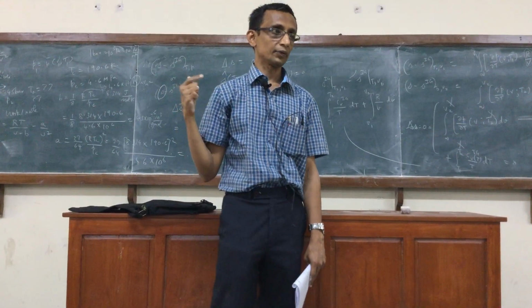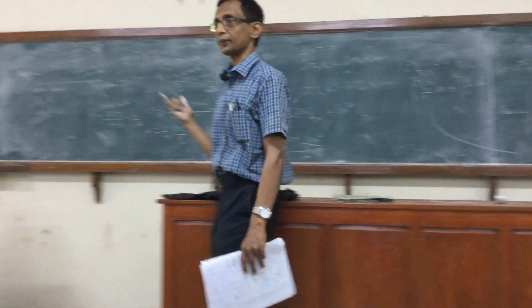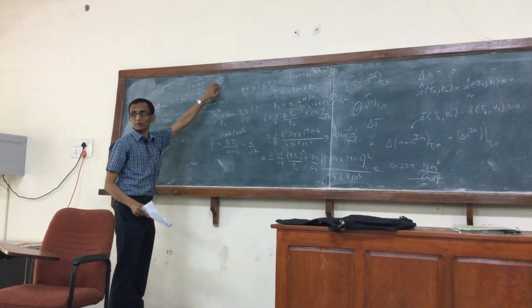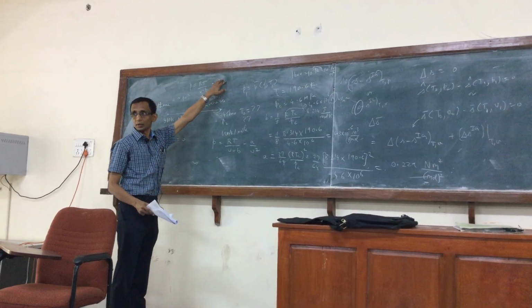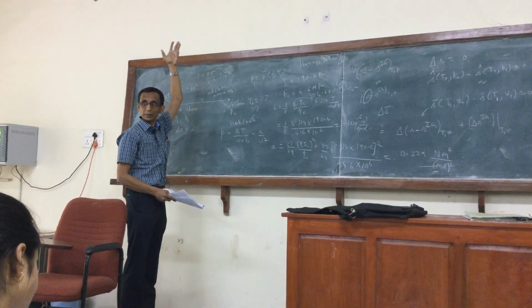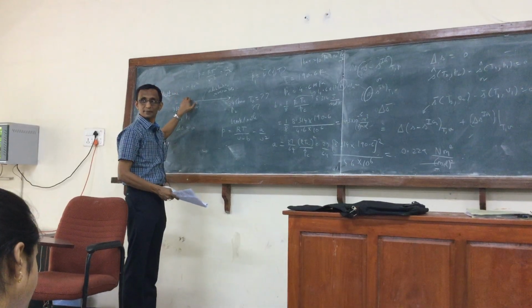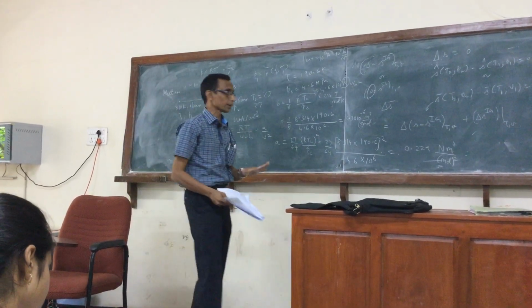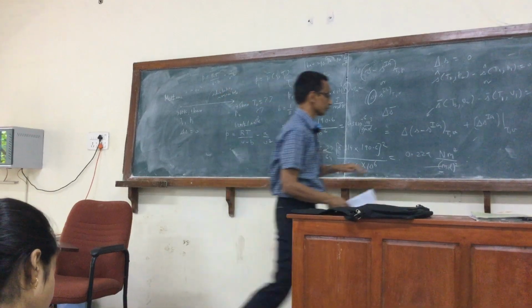So obviously the units of A have to be the same as units of P times B squared, because A by V squared should correspond to the pressure. So from that you can see P is Newton per meter squared, and B squared is meter cube per mole, squared. So you get meter power 6. That will cancel with the meter squared at the denominator, and mole squared also you have. So that is what it is.